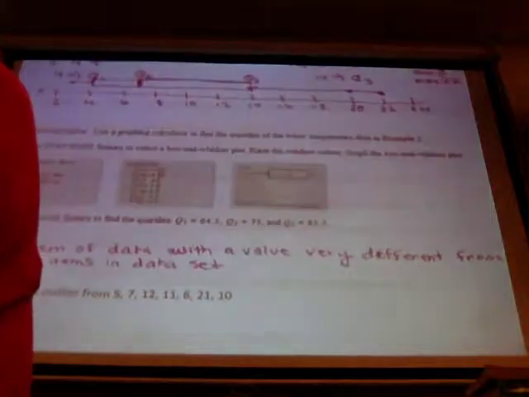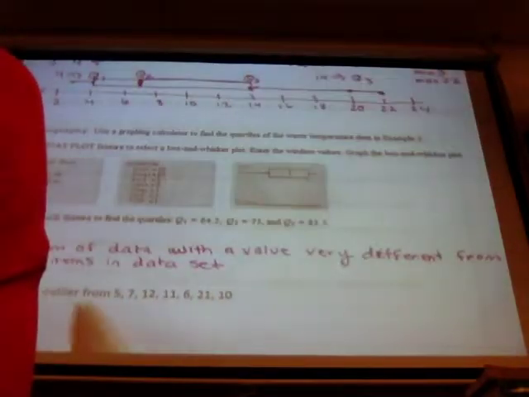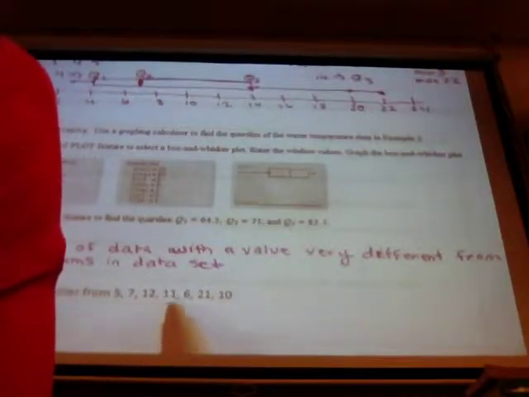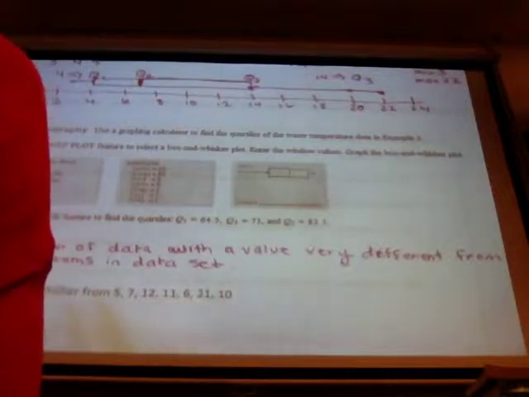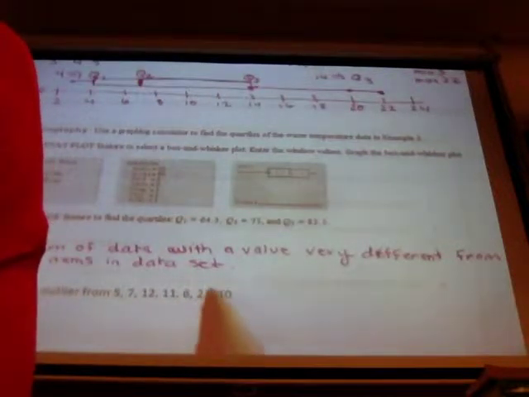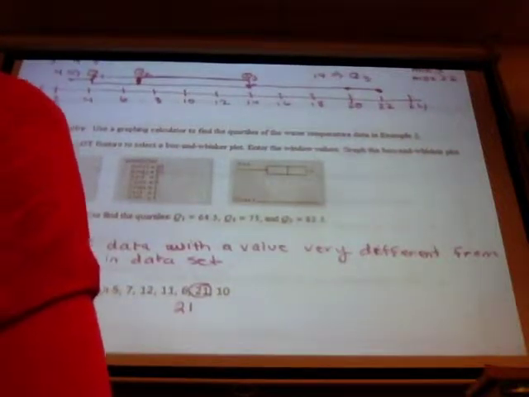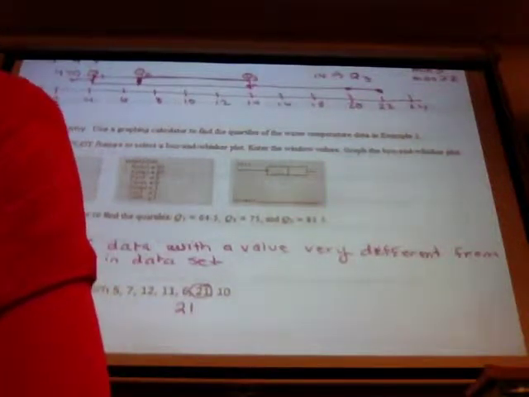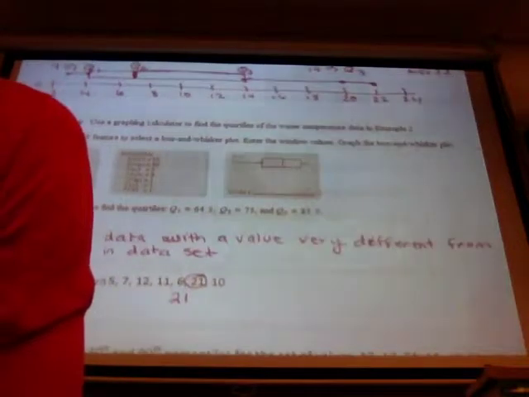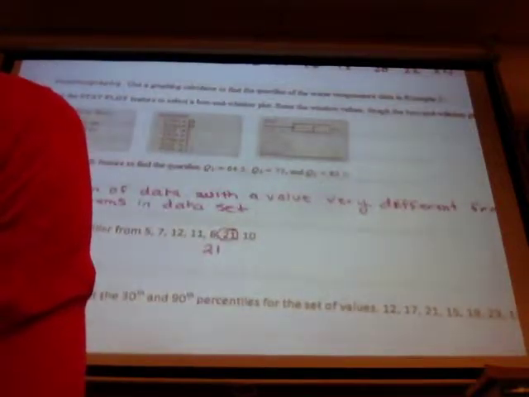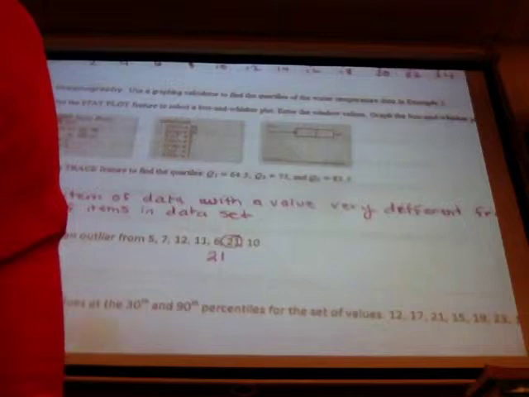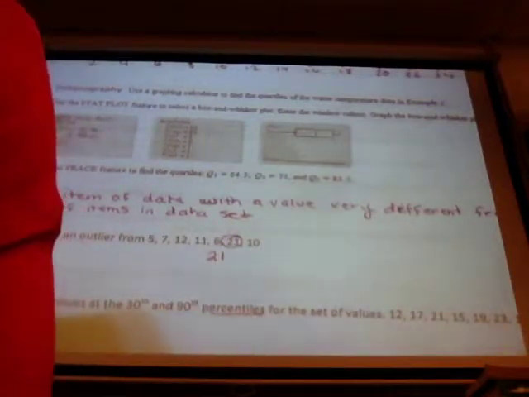It's kind of like an outcast. It's way out there. So if I have all of these, okay, the outlier, if it asked for an outlier, it would probably be 21. To me, it's not that far out there, but that's what they would be referring to if they'd find the outlier of it. Now, the one thing that wasn't on it is about percentiles.